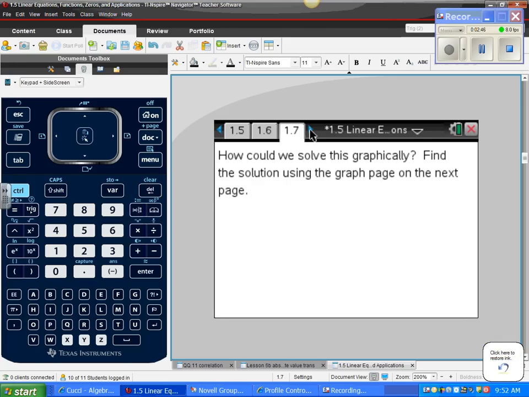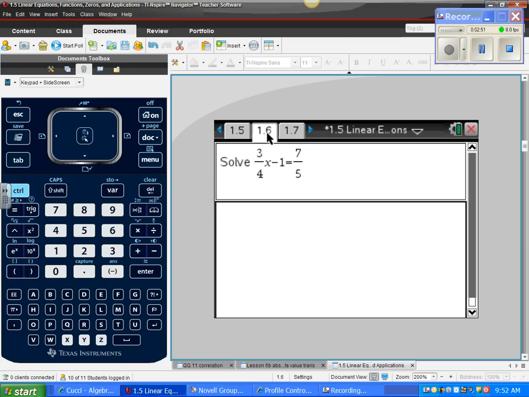All right, next page. How could we solve this graphically? Find the solution using the graph page on the next page. All right, so my equation is 3/4 x minus 1 equals 7/5. How can I solve this graphically? Now remember, an equation is two expressions that are set equal to one another.